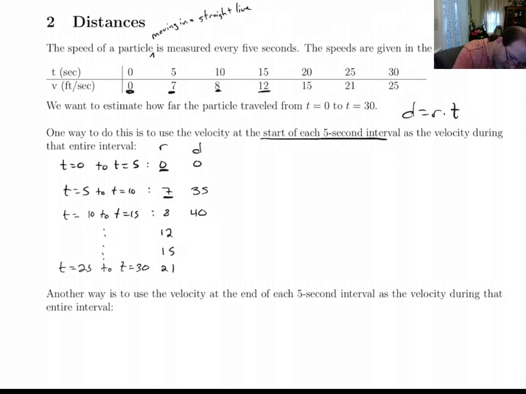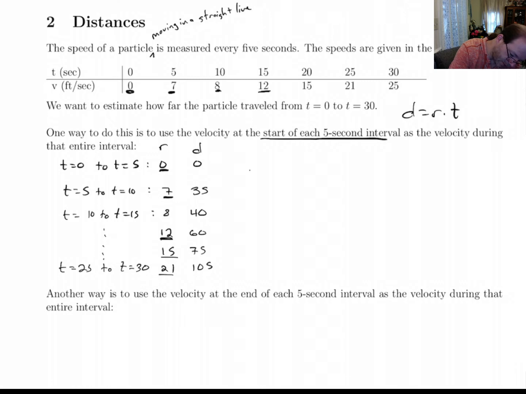But let's see, during this one he's going to go 60 feet. During this one he's going to go 75. During this one, 5 times 21 is 105. So what we've got here is the distances that are covered during those different intervals, or approximations to that. So let's add this up. That's 170. Let's see, 7 and 6 is 13, so that's 230, 40, 50, 60, 70, 80, 90, 200, and 15.